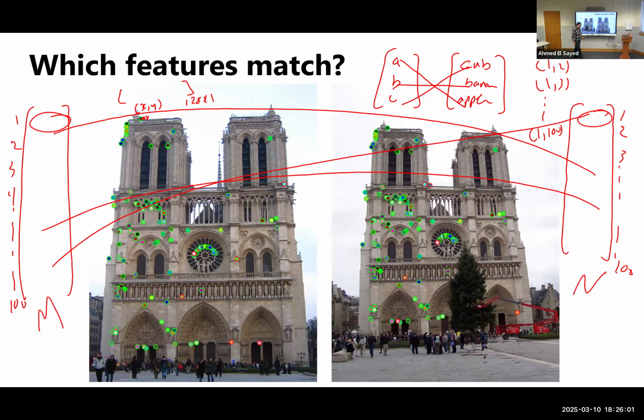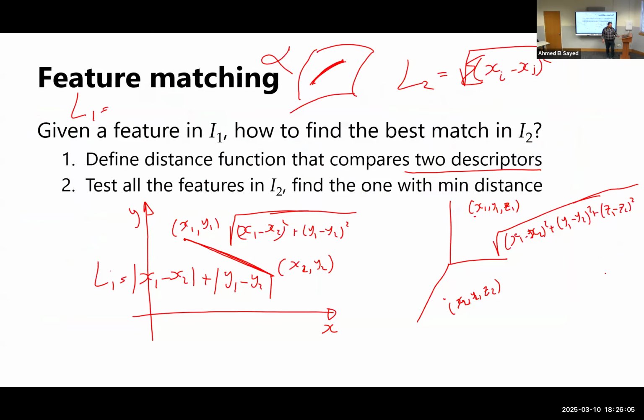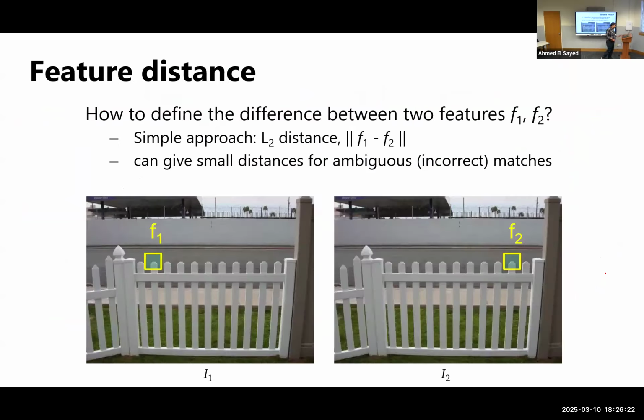Okay, you were correct. So I have to find this minimum distance by calculating all the matches between the features from this side against the features from the other side. Then I will find the minimum distance, and this one will be the best match between them.